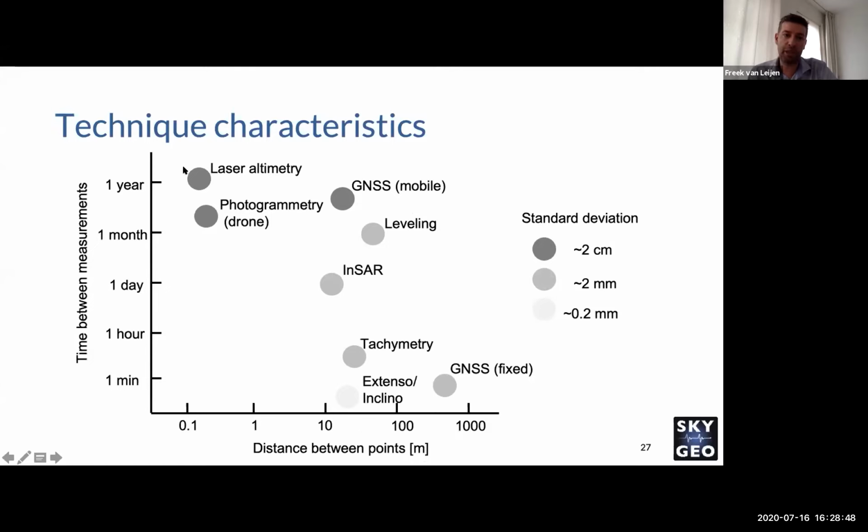Some measurements you can do with a very high point density, for instance laser altimetry, but others have a much coarser resolution, simply because it would be too expensive to do it at the higher sampling rate. And of course each of these has a certain precision of the measurements. Now, InSAR is somewhere in the middle of all these techniques, and it actually fills a gap between them.